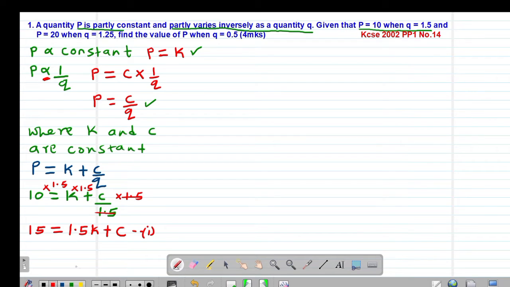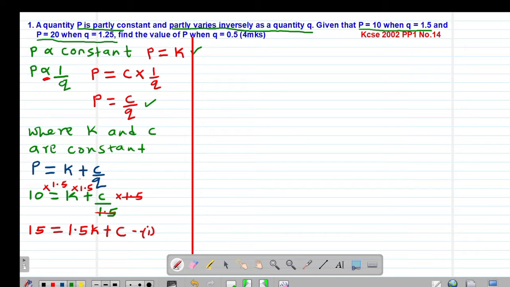Then if I want to get the second equation, I'm going to substitute the second conditions I'm given into the same equation, where we are told that when P is 20, Q is 1.25.